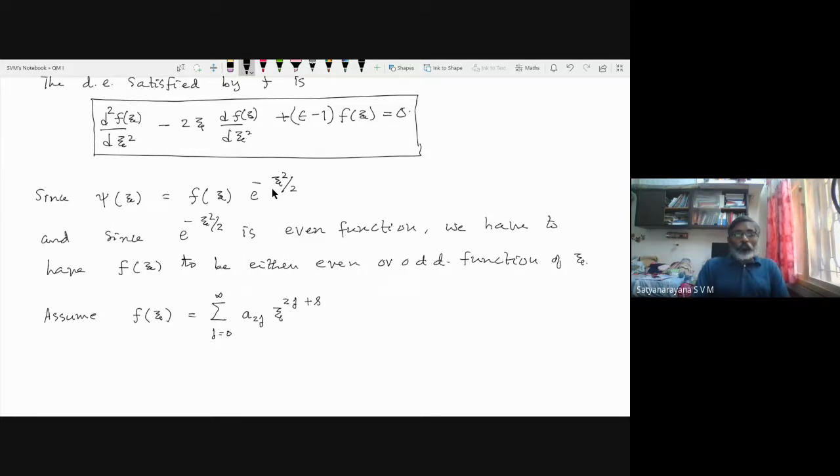So essentially this is like some psi to the power s, and sum over j is equal to 0 to infinity a to j into psi to the power 2j.